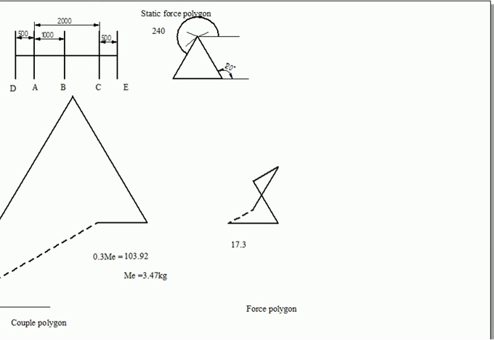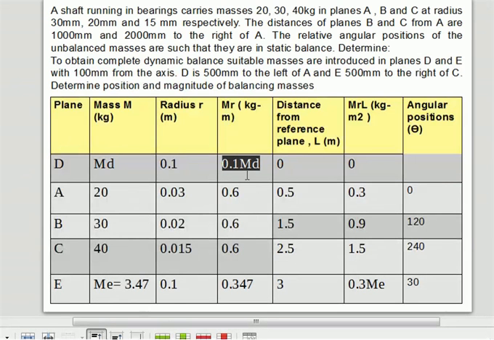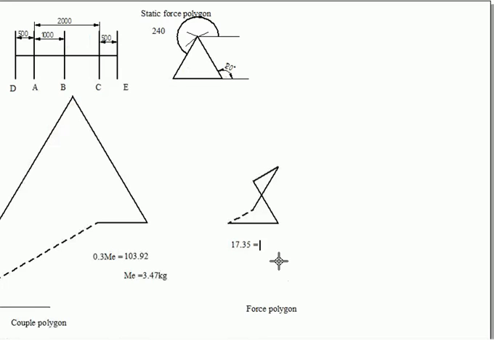So 17.35 is equal to, you have to equate that with 0.1 times MD. Take suitable scale factor. When you simplify, you will get MD value 3.6 kg.